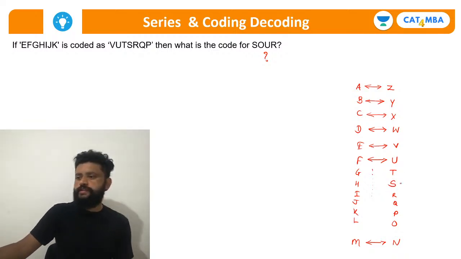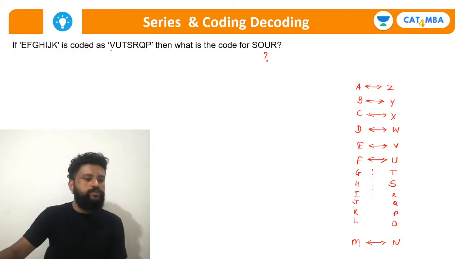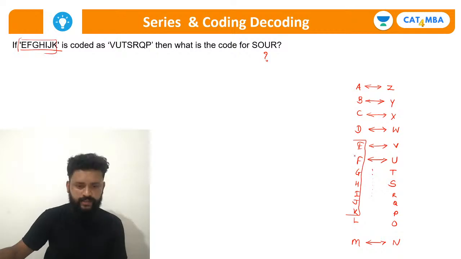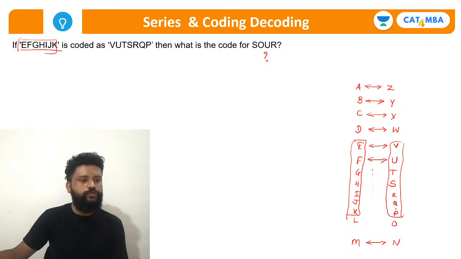Hopefully you understood this. So now it's very easy. E F G H I J K is coded as V U T S R Q P. Now we know the code for store.